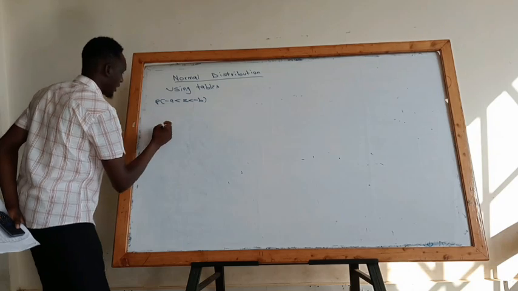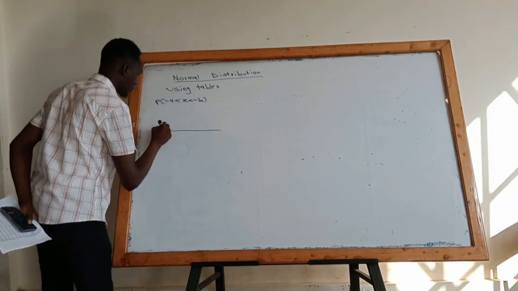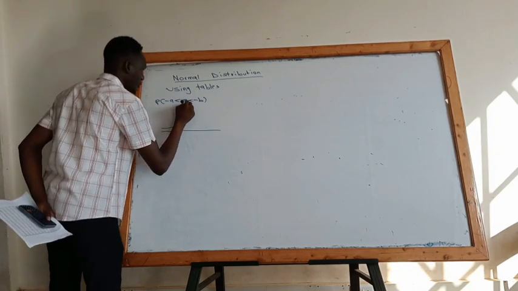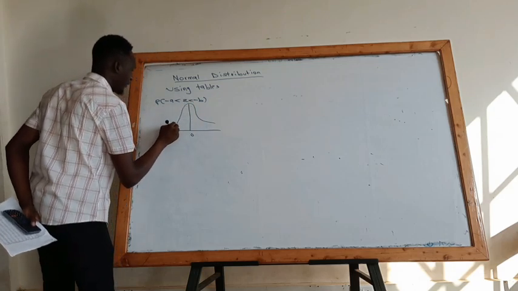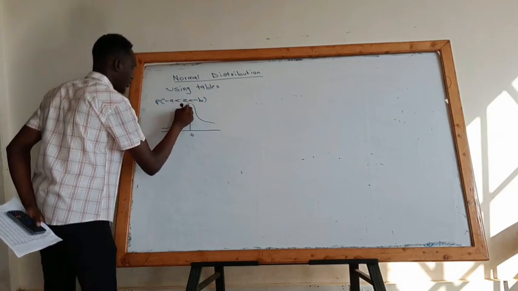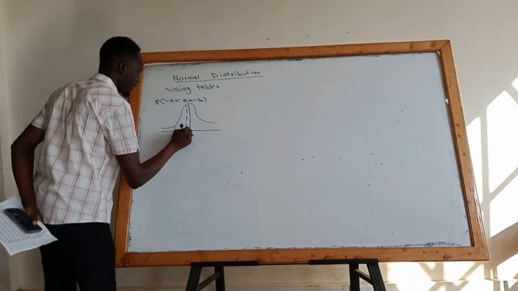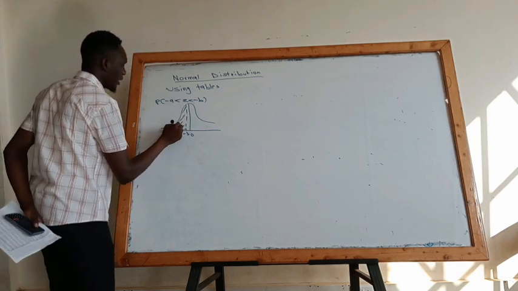Let's have the sketch. We have negative A and negative B. They need the area.